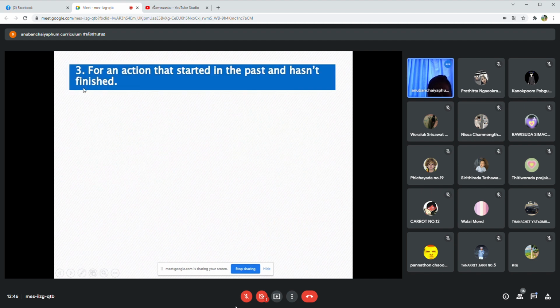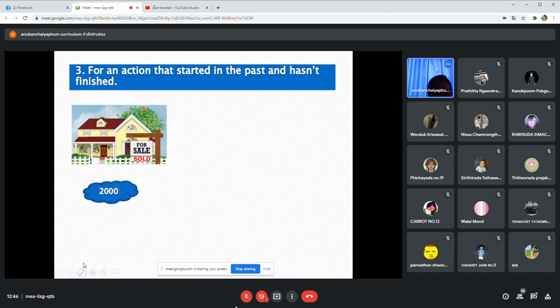Let's go now to the next uses. Number three, for an action that started in the past and hasn't finished, meaning you did an action in the past before but did not finish. Now let's have an example. Here you can see a house that is for sale and it was sold.